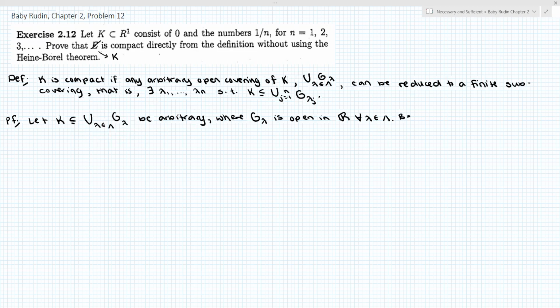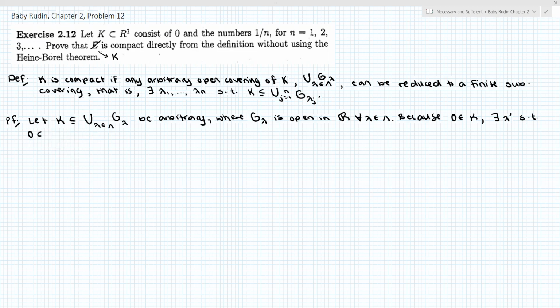So because 0 is an element of K, and K is a subset of this union, there exists lambda prime such that 0 is in O lambda prime. So 0 is in O lambda prime, and we're going to notice now that because 0 is a limit point of K, well, let's back up a little bit.